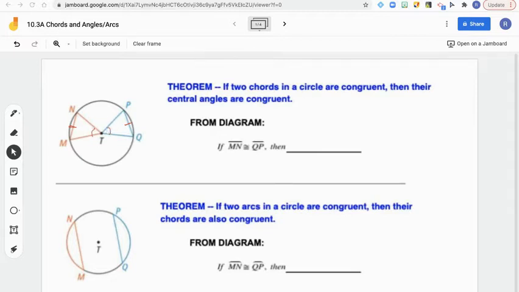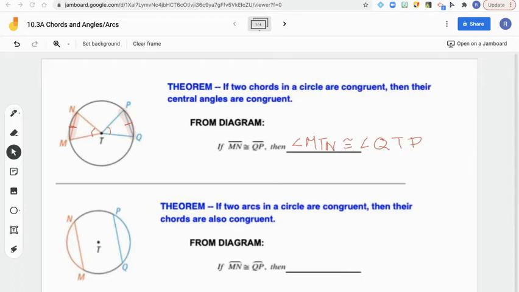Okay, so if MN, which is this segment right here, is congruent to QP, if those two lengths are congruent, then angle MTN is also congruent to angle QTP. So if the chords are congruent, the angles are congruent.